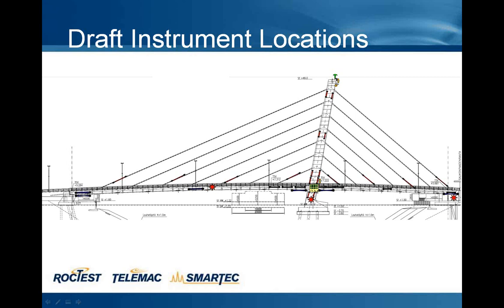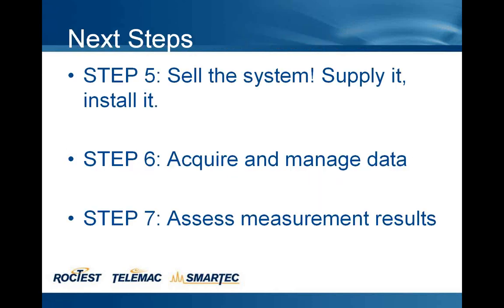So here you can see an image of the bridge where we have depicted the location of the strain sensor, of the tilt sensor, of the corrosion sensor, the RoboVac sensor, and the force sensors installed on the bridge.